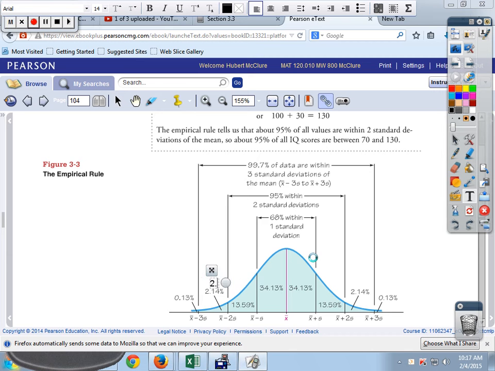So that one's 2.5. That one's 13.5. That one's 34.